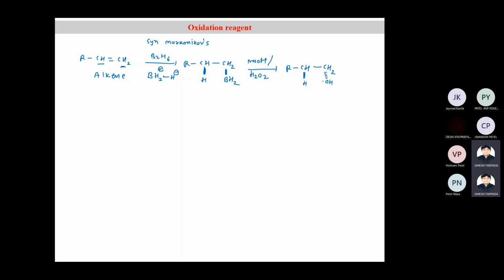Ultimately you get a primary alcohol, but H and OH are in opposite direction.